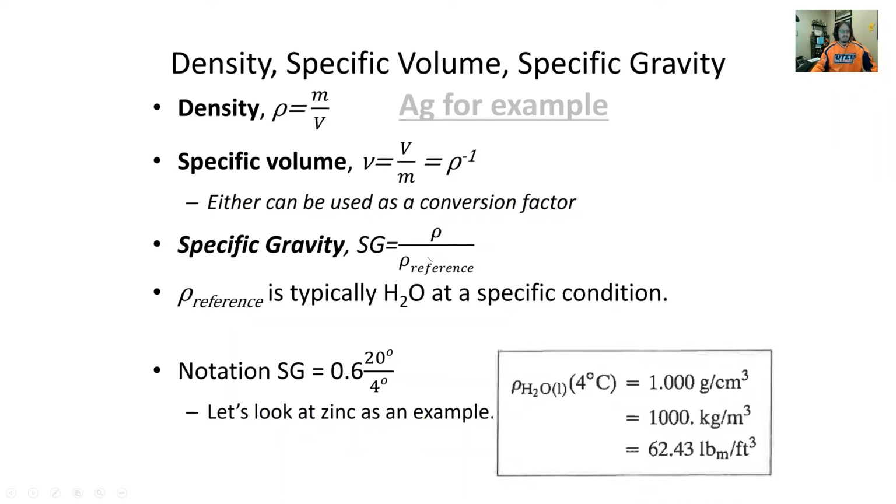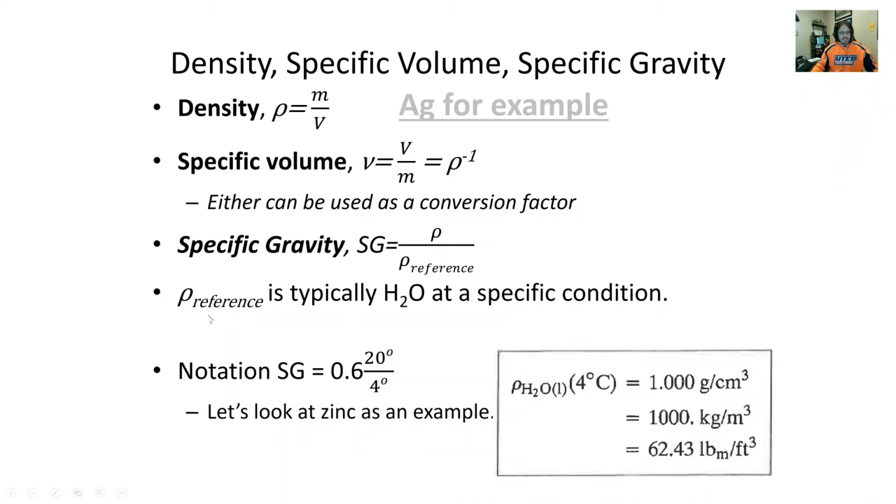Specific gravity, SG: we actually measured it in lecture number 2. It's the density of your substance over a reference density. If you want the density of your material, it is the specific gravity value multiplied by the density of water.